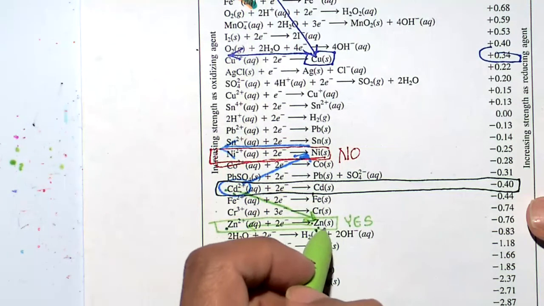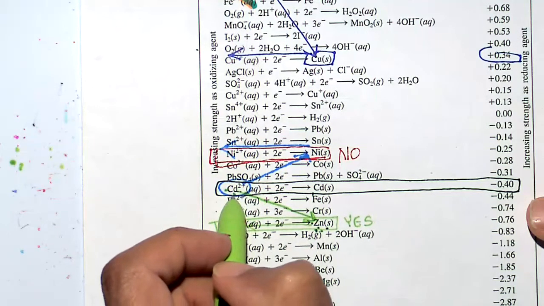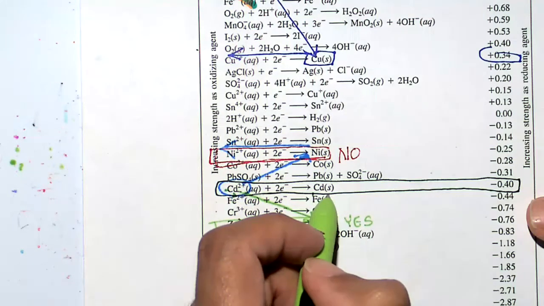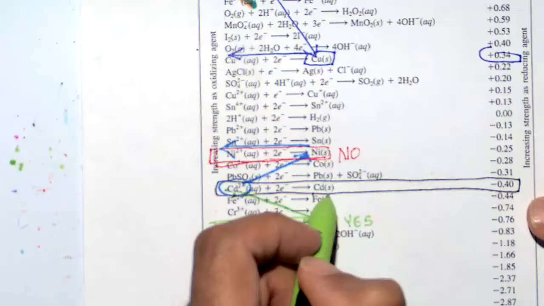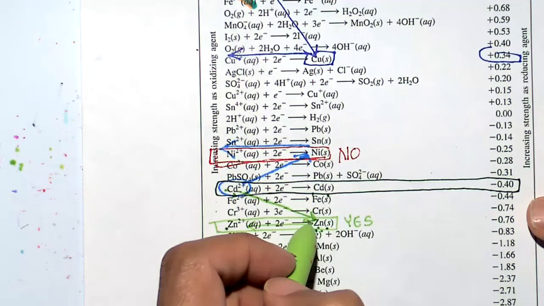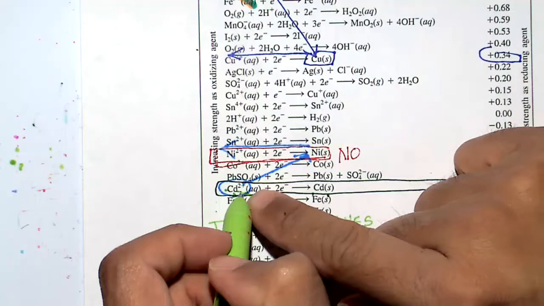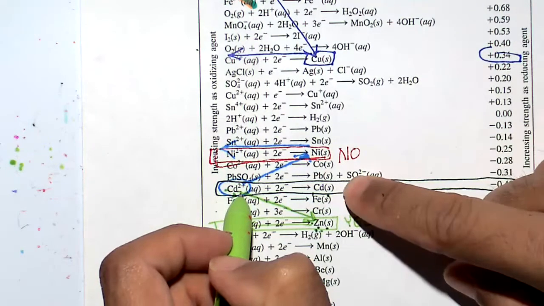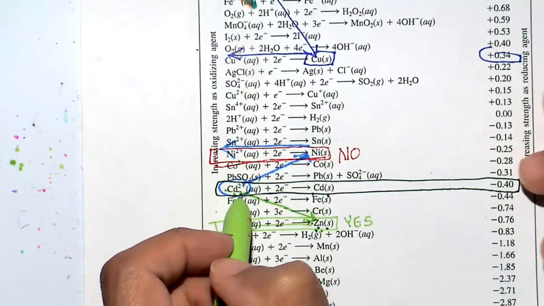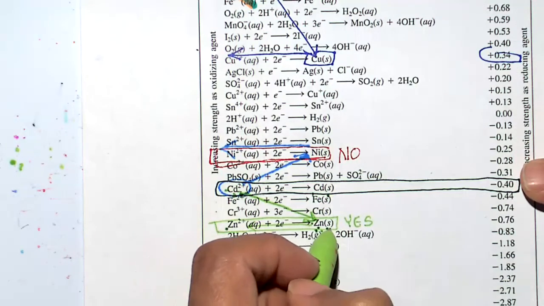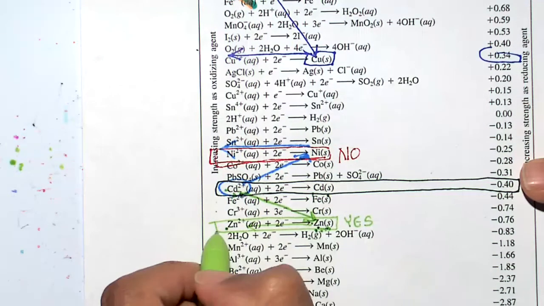Reduce. The answer is yes. Zinc solid can reduce cadmium plus 2 to cadmium solid, just as cadmium plus 2 can oxidize zinc solid to zinc plus 2.